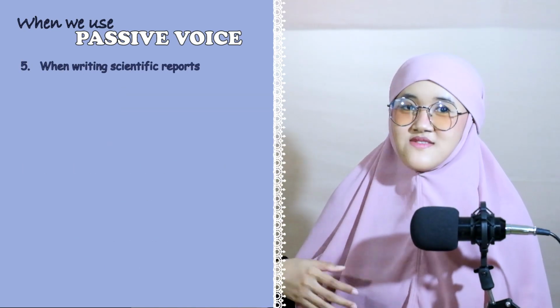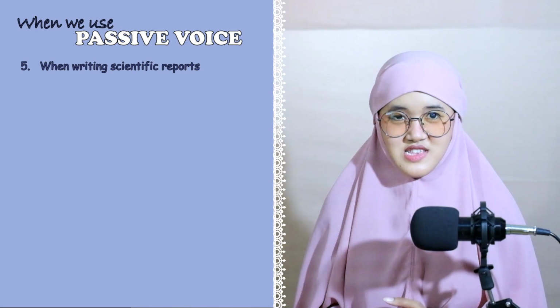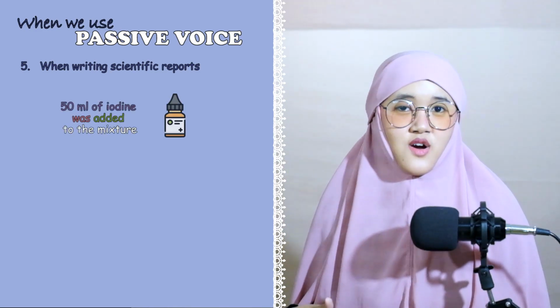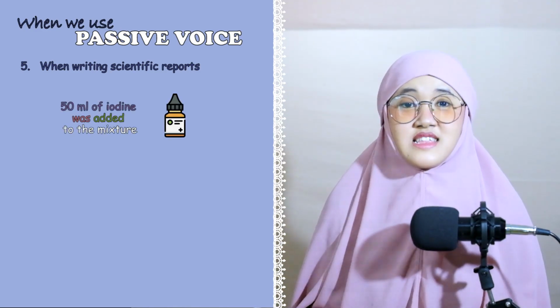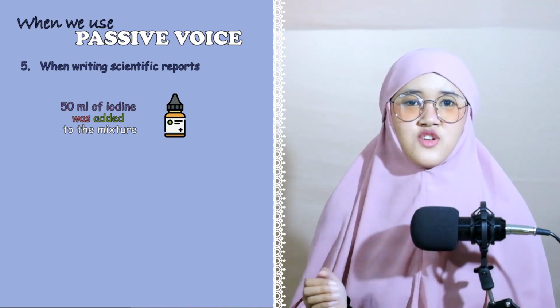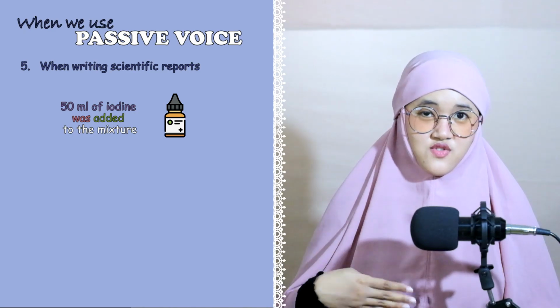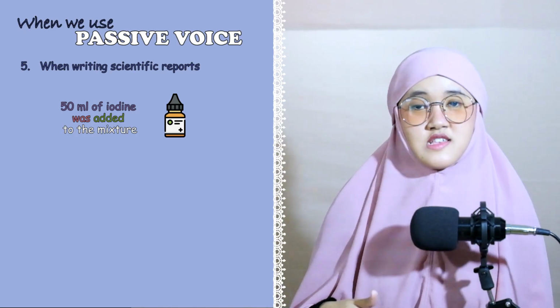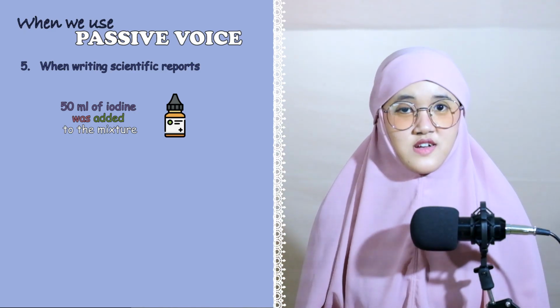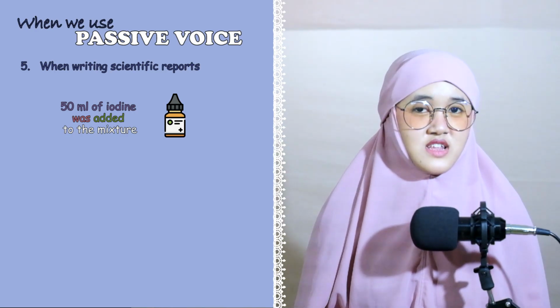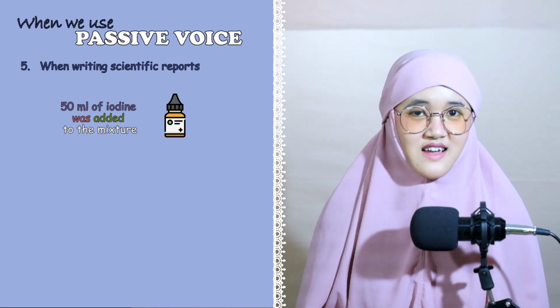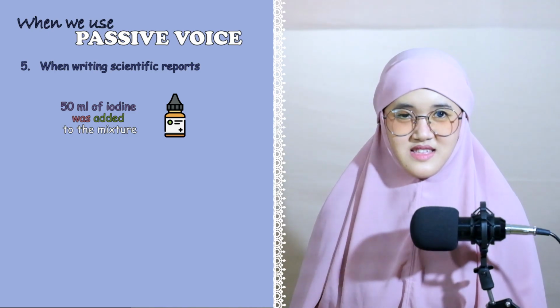Fifth, when writing scientific reports, 50 milliliters of iodine was added to the mixture. Usually, scientists and researchers often use the passive voice because it is either obvious or unimportant who is doing the task or conducting an experiment.